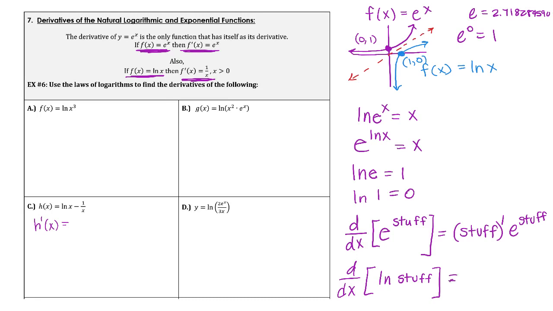If we're doing the derivative of that, it is going to be stuff prime again. That's why these are always coupled together. Stuff prime over stuff. That's going to be the derivative of the natural log of stuff. Stuff prime, does that mean the derivative of stuff? Stuff prime is the derivative of the stuff.